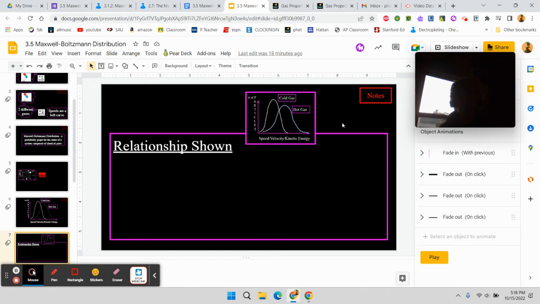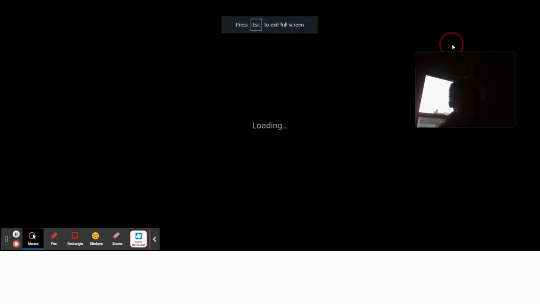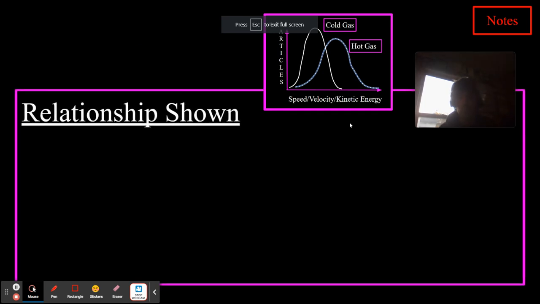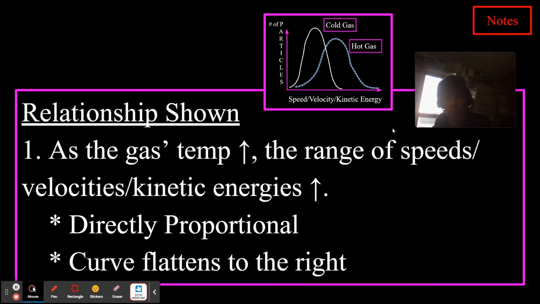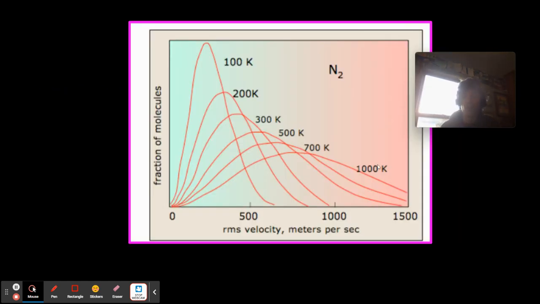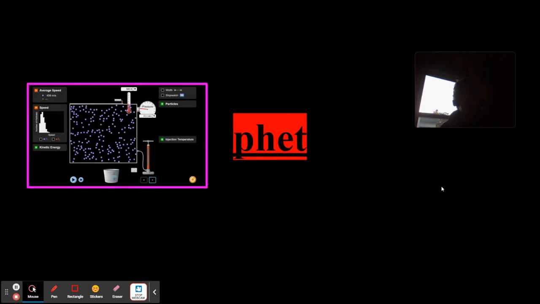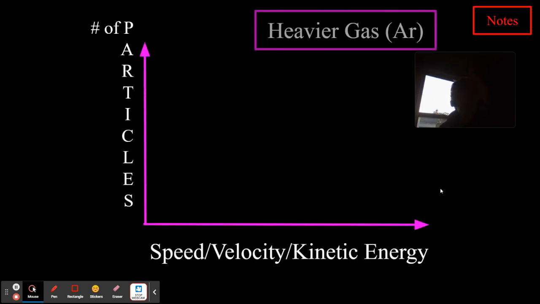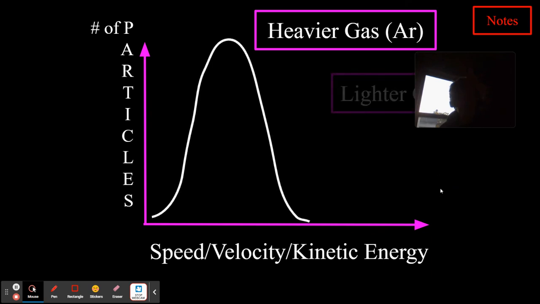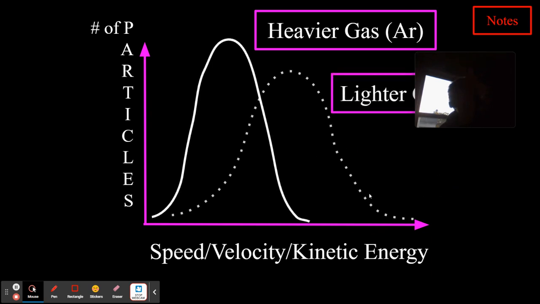So what that means is, if I start with a heavy gas and I lighten it, the curve is going to flatten again.